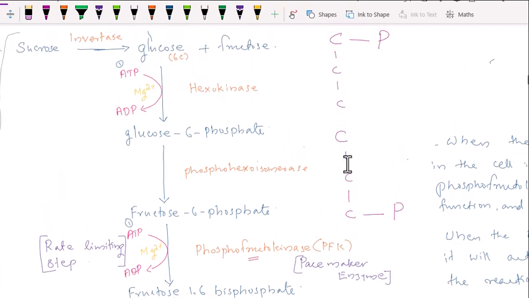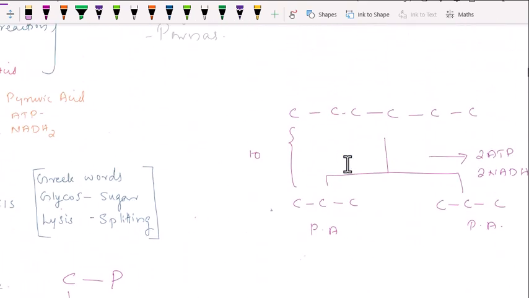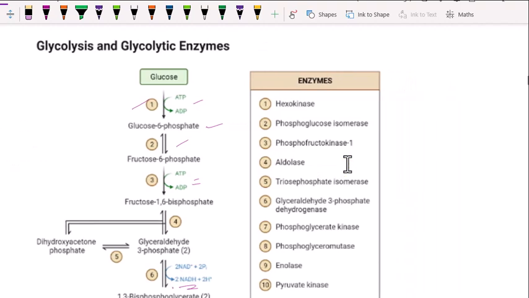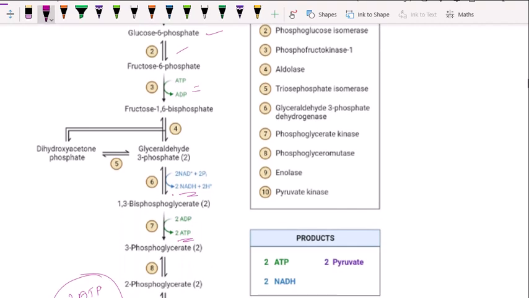So this is the 10-step enzymatic reaction. Here are the 10 steps. The first step is glucose converted to glucose 6 phosphate. Second step, glucose 6 phosphate to fructose 6 phosphate. Third step, fructose 6 phosphate to fructose 1,6 bisphosphate. Fourth is the splitting reaction: fructose 1,6 bisphosphate splits into 2, 3 carbon compounds.